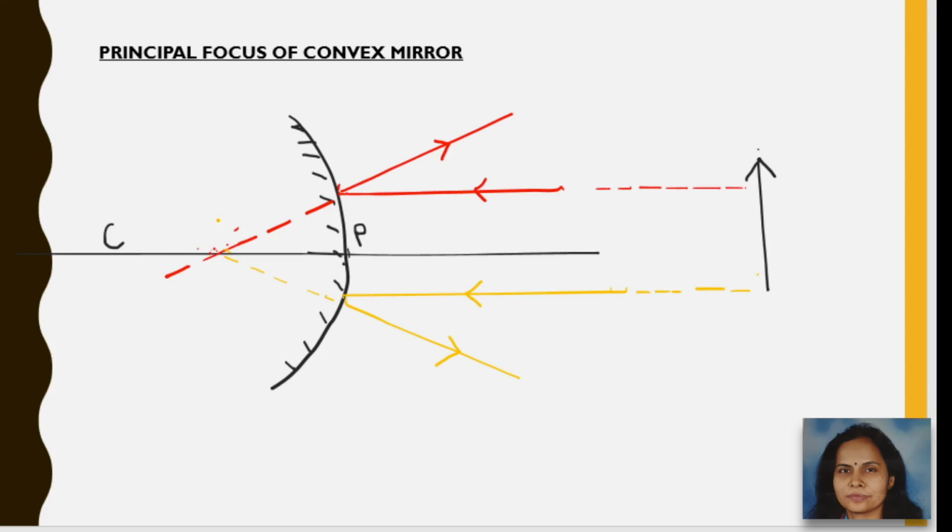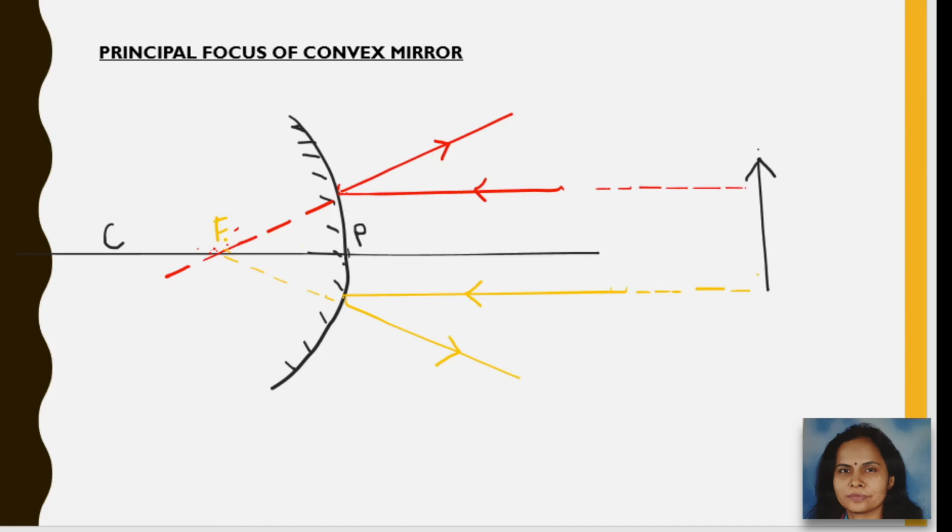So this point is known as the principal focus. As you can see, in case of convex mirror, the principal focus is similar to the center of curvature. So the center of curvature and principal focus both lie behind the reflecting surface of the convex mirror.